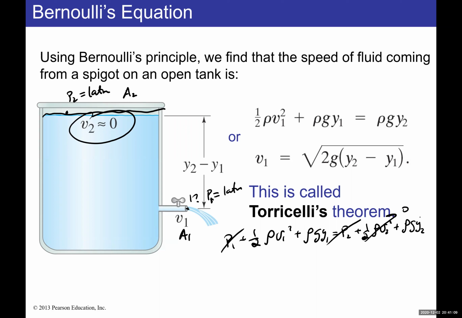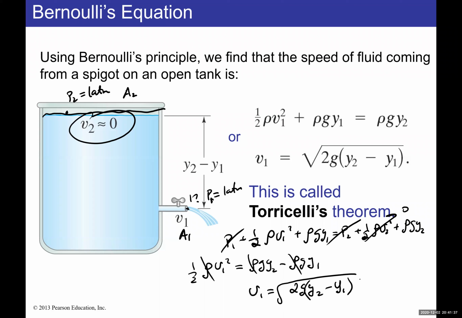V2 is equal to 0. Then all I have here is 1/2 rho V1 square equals rho g y2 minus rho g y1. I can even cancel all the densities. And then I end up with V1 equals the square root of 2 times g times (y2 minus y1), because V1 is squared, then take the square root.